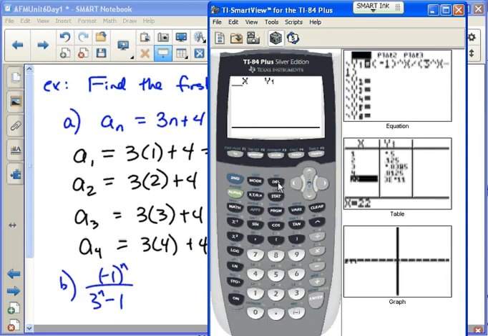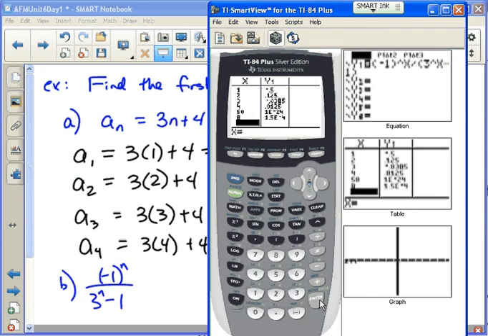So those are the first 4 numbers of the sequence. That's a really simple way to do this if they just ask for certain terms. You can plug it in y equals and then go to your table and plug in the values they ask for. And the good thing is that if they ask for the 50th term, you just plug in 50. Or if they ask for the 8th term, you just plug in 8. So it's very easy to find any term you want.